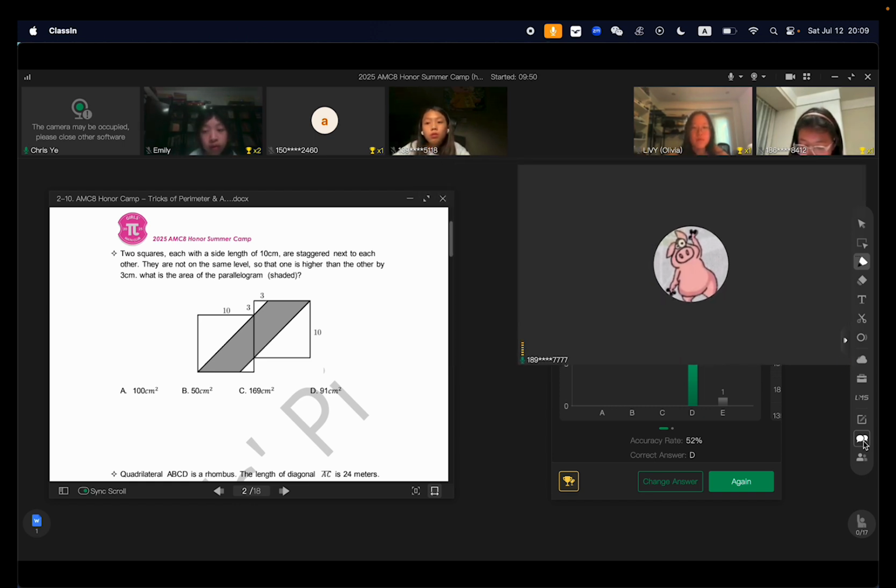So basically the area of the shaded parts on each square are equal, so you only need to find the shaded area of one square and times 2.